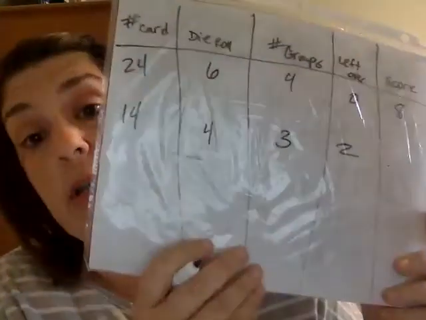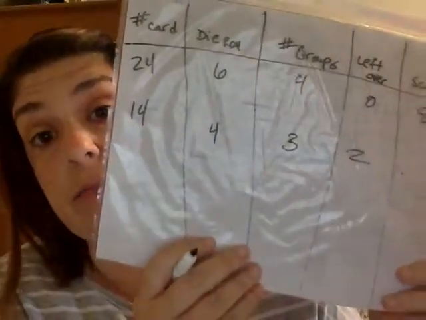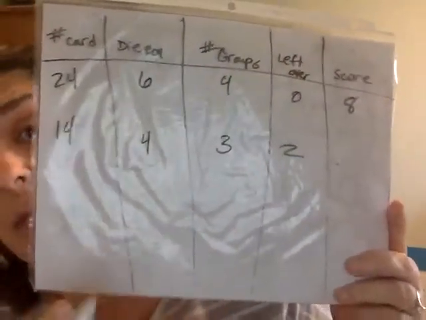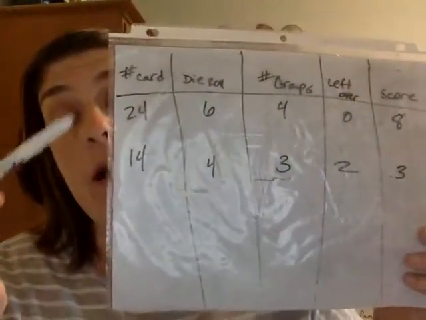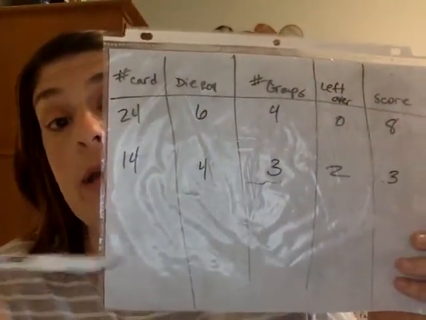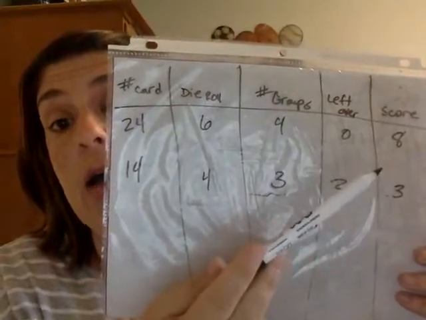When I fill out my chart, it's going to look like this. Because I have leftovers, my score is 3, my number of groups. So that round, player 1 wins because they have the higher score.